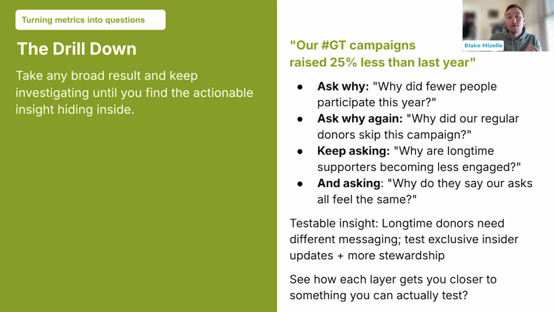We have ideas of where to start testing this to find answers. Maybe longtime donors need different messaging. We could test some exclusive insider updates or just more stewardship. Every additional layer of asking why gets you closer to something that you can wrap your hands around.